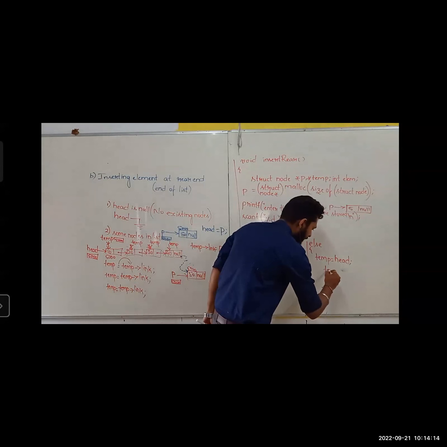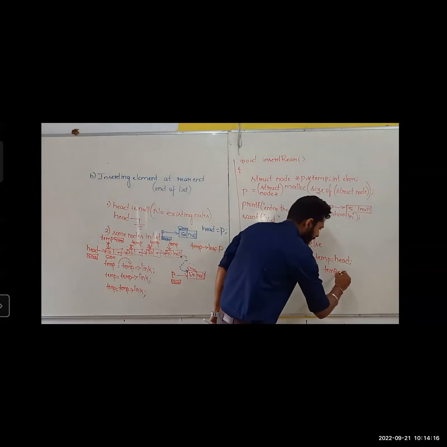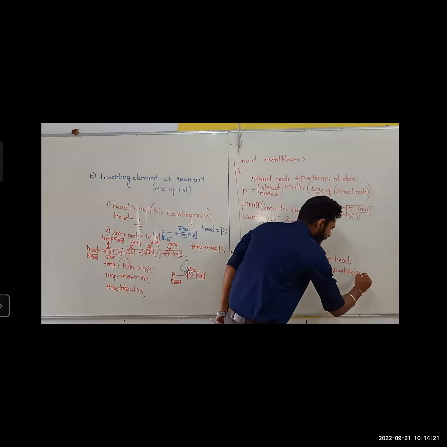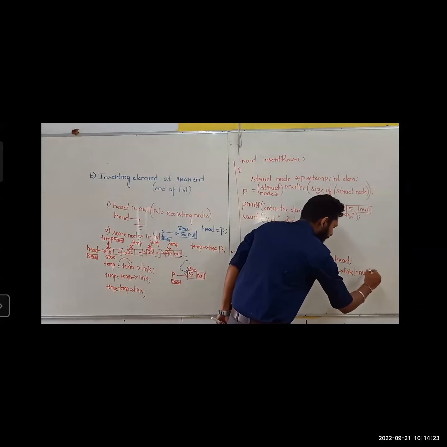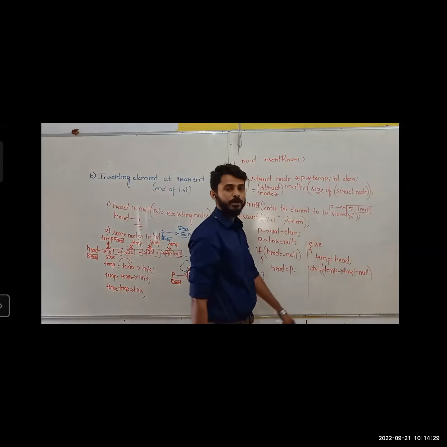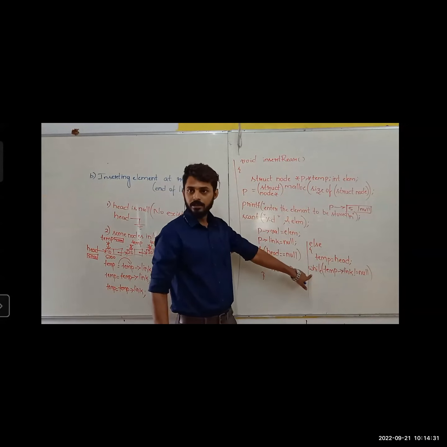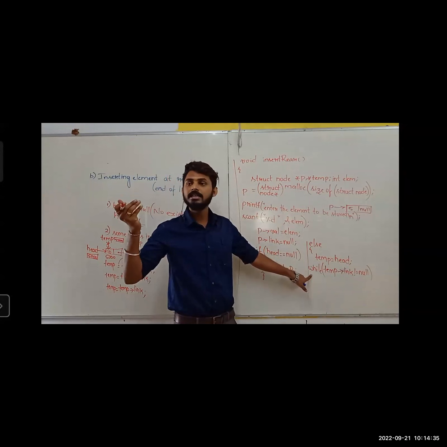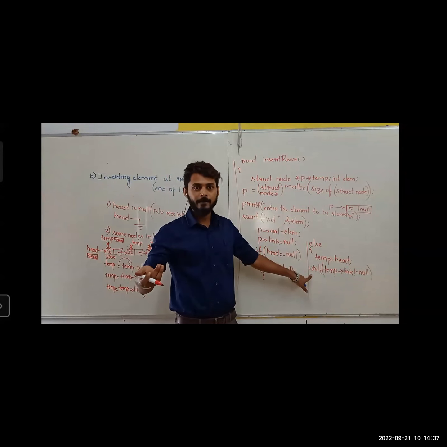If temp's link is not equal to null, here you should write while. Always remember, you can read this while. In the writing part, you should write while only, but in your mind, you can read it as "as long as".